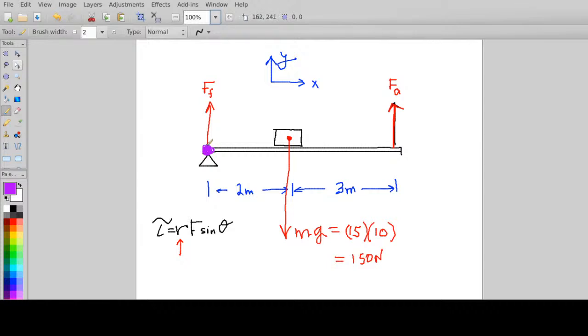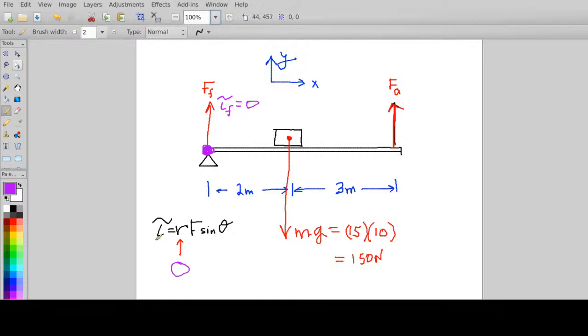But if you do, what that means is that when you go to put your value for R here for FF, that's going to be 0. And so then the torque due to FF, let's call it the torque due to the fulcrum, with this choice of the axis, it's going to be 0.